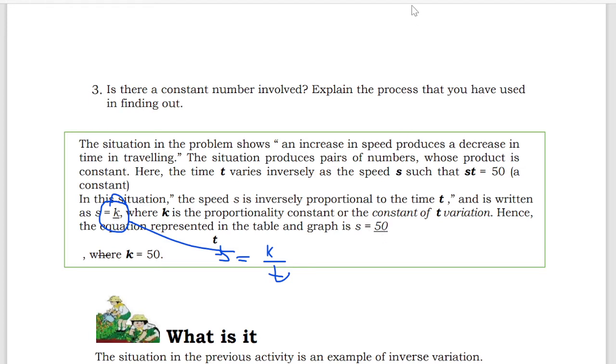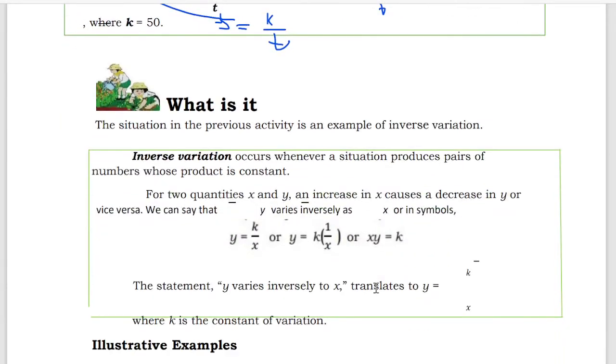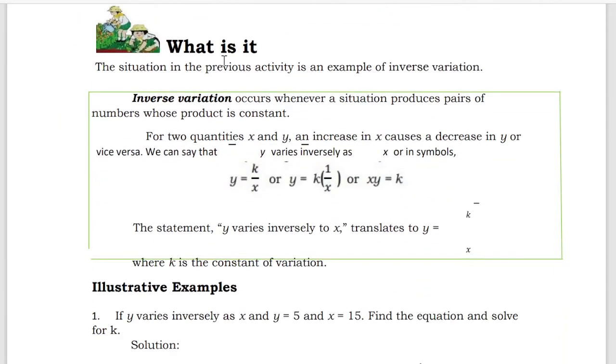This should be t here. This should be 50 over t. Okay, that's it.